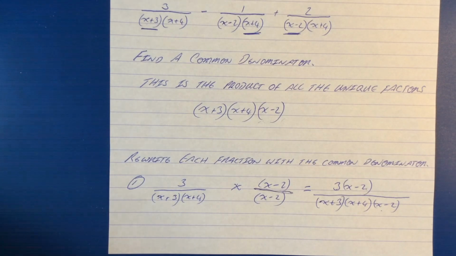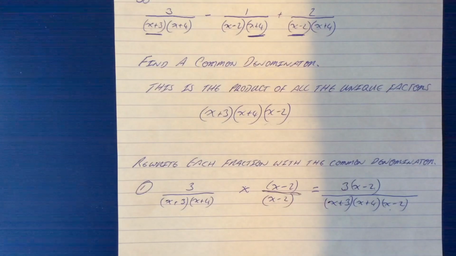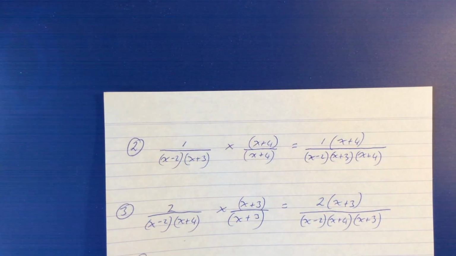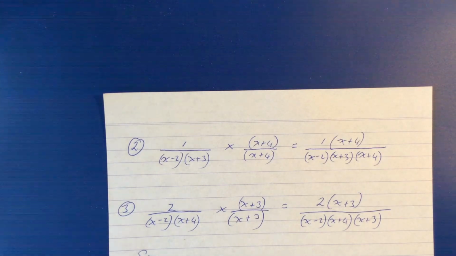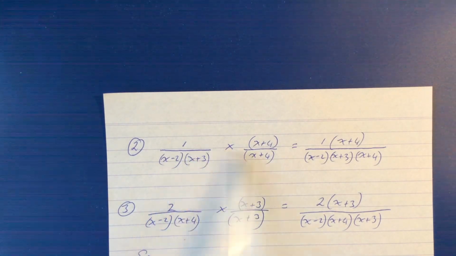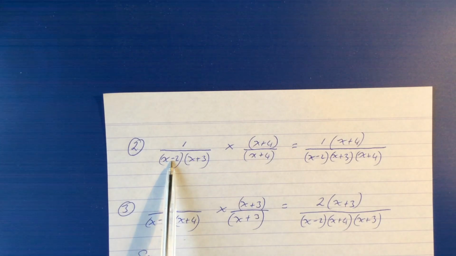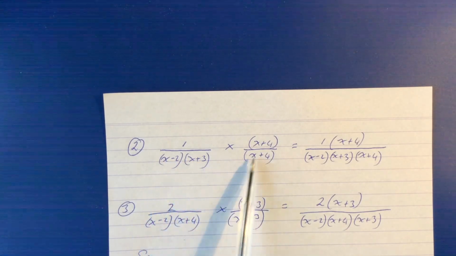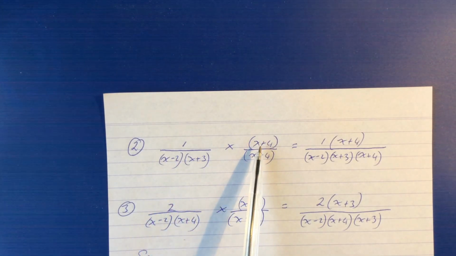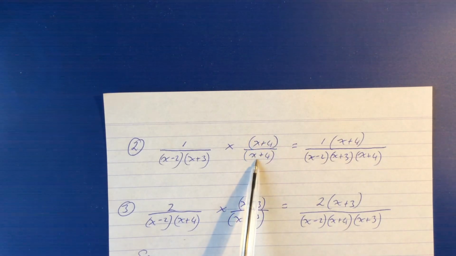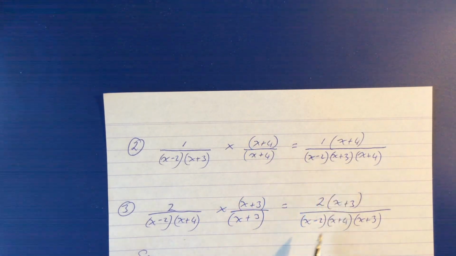Now, moving on to the rest of this, I'll just take this page out and insert this page. The second expression has the same thing happen to it. It already has a denominator of 2 of the factors, so we multiply by the third factor over itself, and we get this. And so with the third factor.